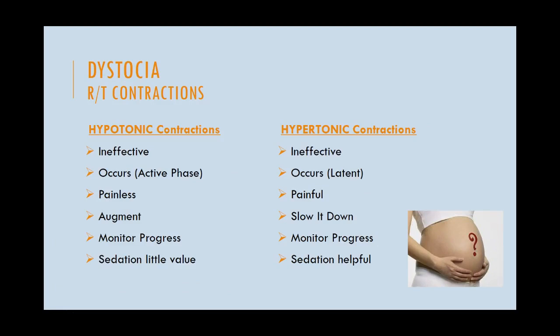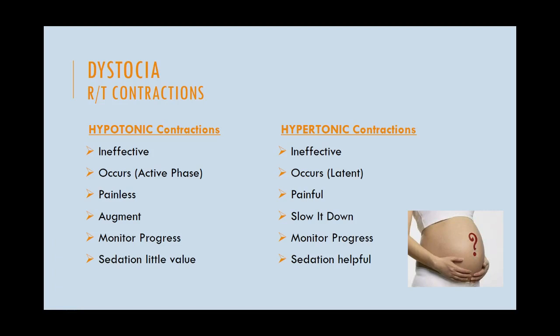All right, so let's compare the contraction types. In relationship to contractions, hypotonic contractions are ineffective. They're not good in terms of progressing to our end goal, which is a vaginal delivery of healthy mom, healthy baby. Usually hypotonic contractions occur during the active phase of labor.